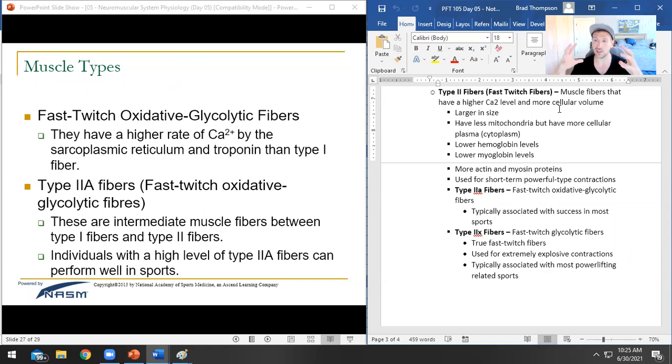The increased cellular volume means there's more space to perform glycolysis, which is going to create even more lactic acid. But remember, lactic acid is a fuel, so that's a good thing. They don't have as much mitochondria compared to type 1 fibers because they're not producing sustained energy. They're creating short-term energy, but they have more cellular volume so that they can do glycolysis.